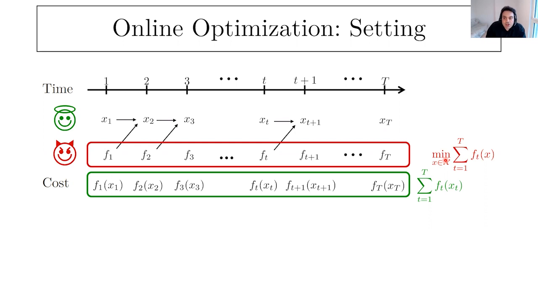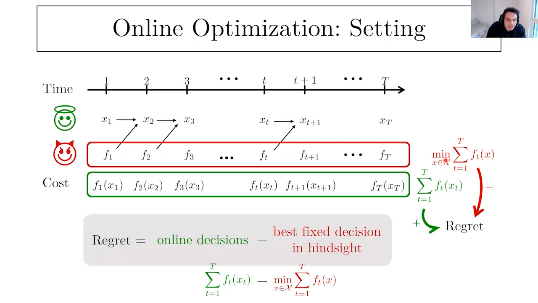People call this gap regret. So regret, in one sentence, is the difference between the online adaptive decisions that you make versus the best fixed decision in hindsight. That's the quantity that is the starting point for us to make a performance assessment.